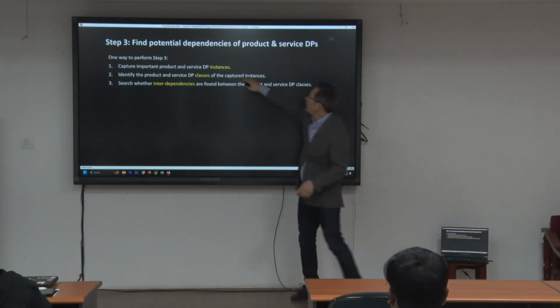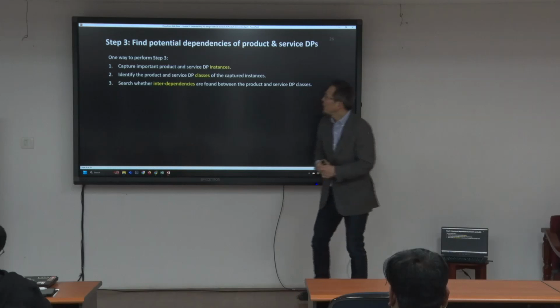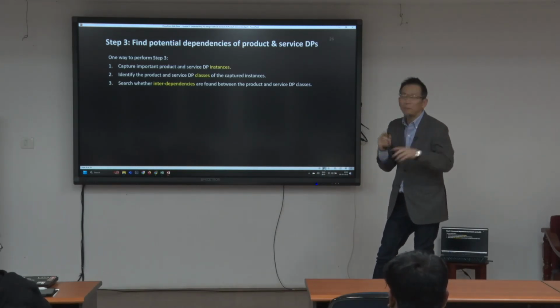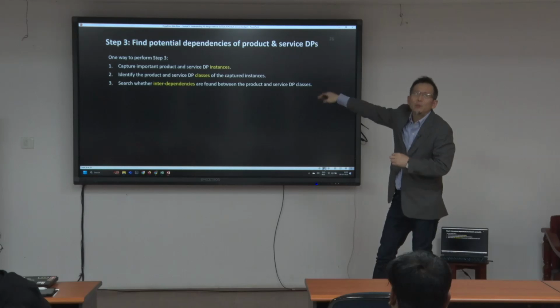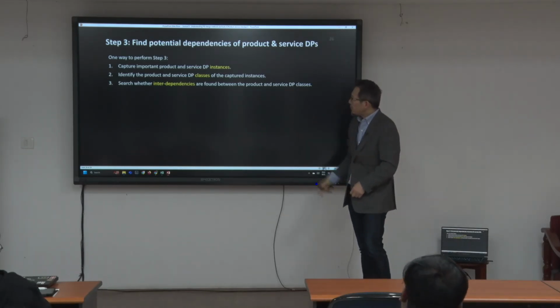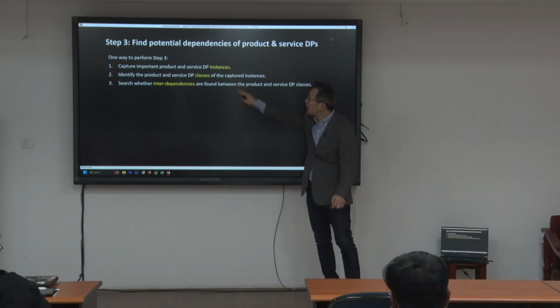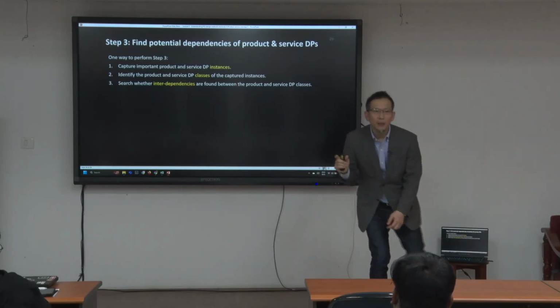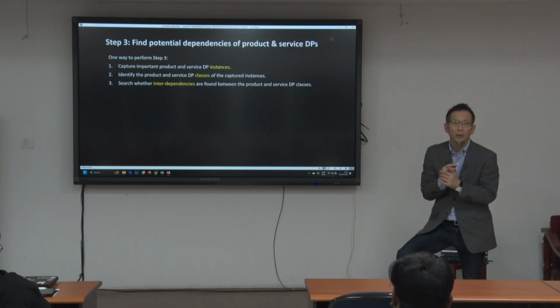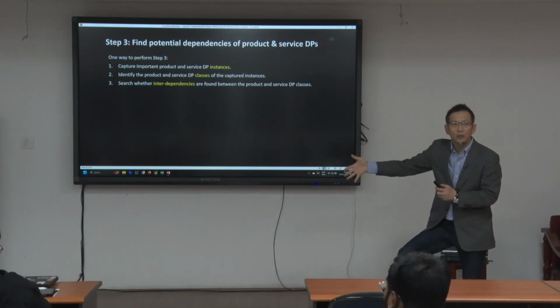So, first, you capture important product and service design parameter instances. This was actually step 2, no? Okay, and then identify the class parameter for each instance parameter, using the Excel sheet.